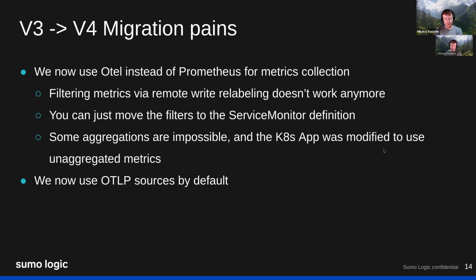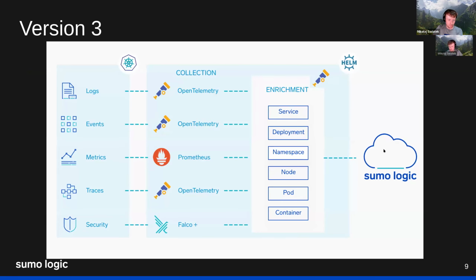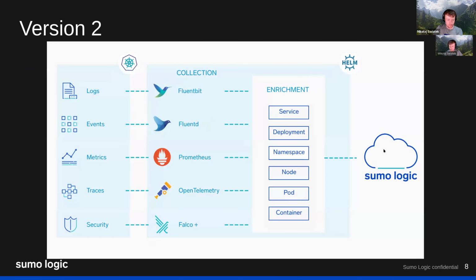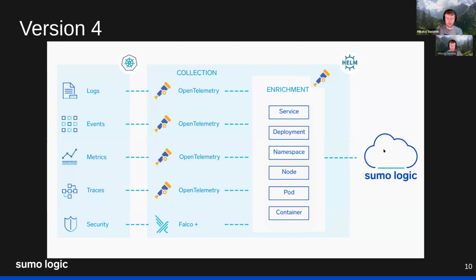Oh, and finally, this is not actually shown on these, but this line going to Sumo in version 4 uses the OpenTelemetry protocol. And that might not matter to you. To some extent, it's an implementation detail, but in practice, this is just more performant and nicer.